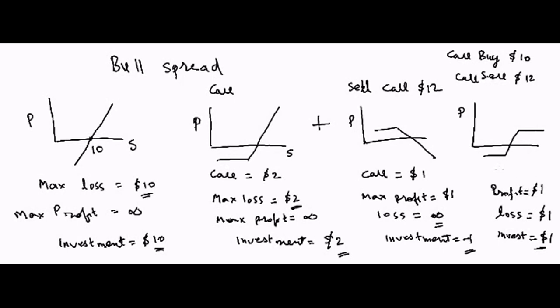What you have done is you have invested in a scenario where you believe that the stock price will go up. However, you have minimized your investment only to $1, and you have minimized your loss, which is also $1, and you have also minimized the profits. But that makes sense, because you anyways believe that it will go up but it won't go above $12. So this is the case where you are actually minimizing your risk, minimizing your investment.